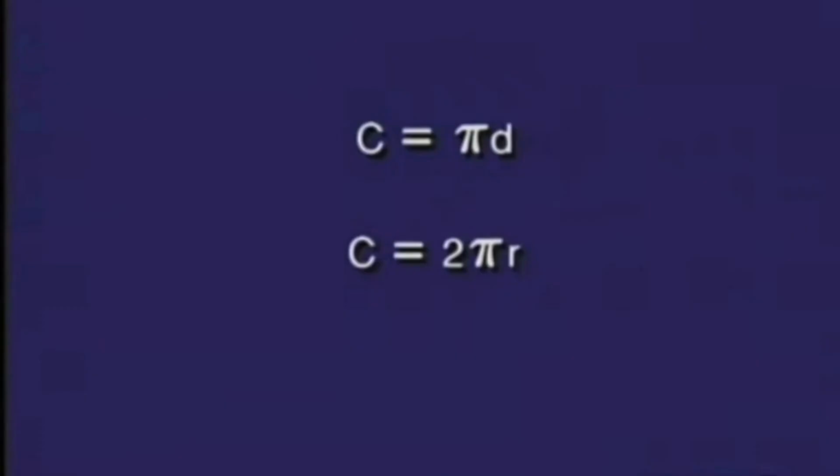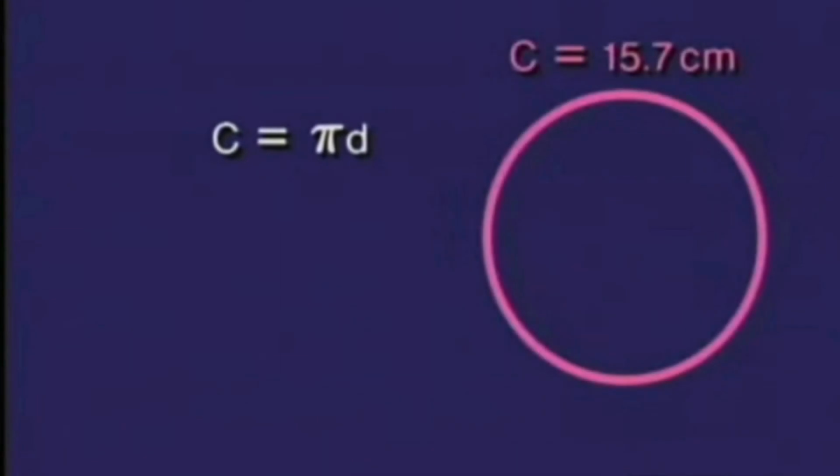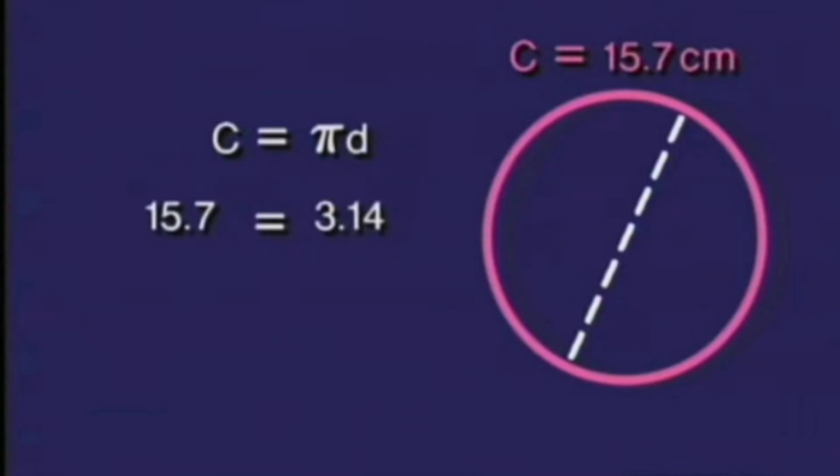These formulas can also be used to find the diameter and radius when the circumference is given to us. Here we know the circumference is 15.7 centimeter. We want to find the diameter. In the formula, substitute circumference as 15.7 and pi value as 3.14. D is unknown.